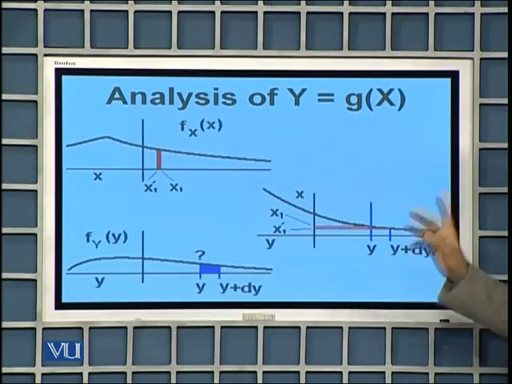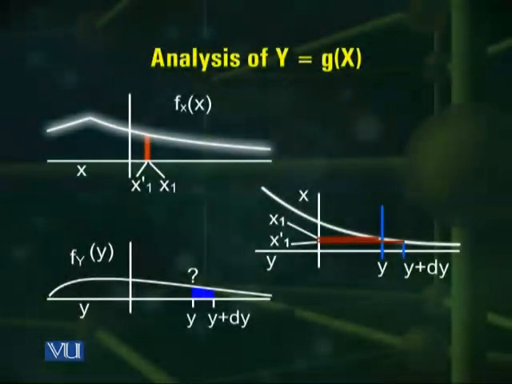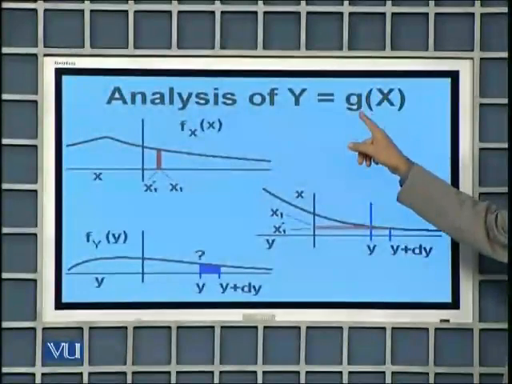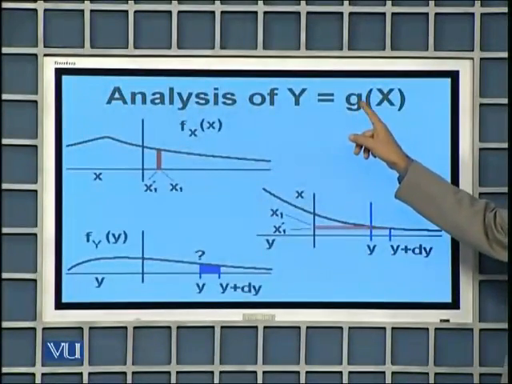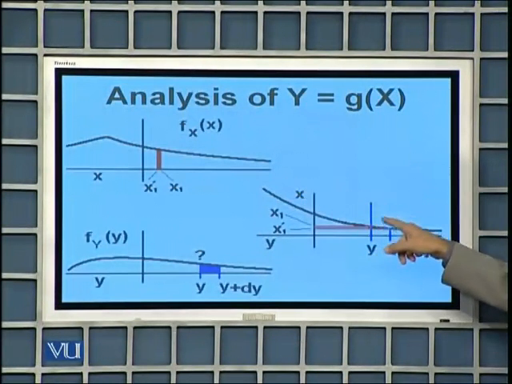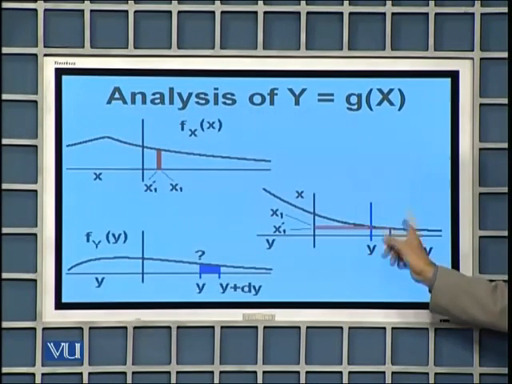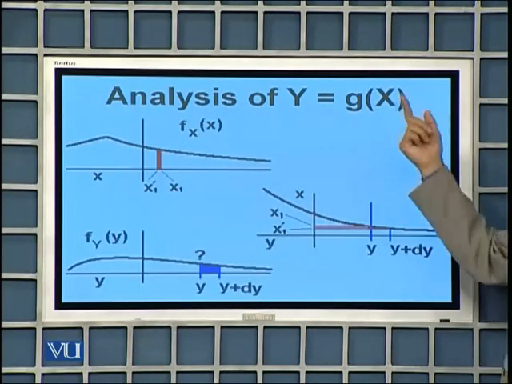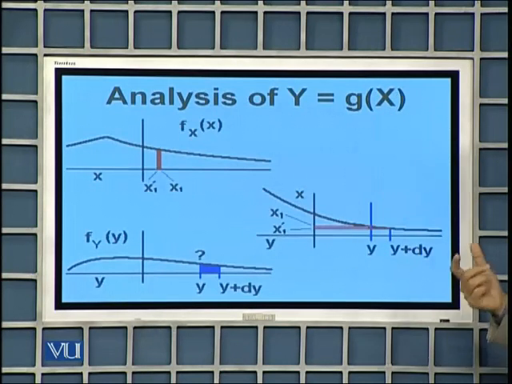So once again, there are three quantities which are playing their role: the joint PDF of x known, the inverse mapping h which relates to the original mapping g in such a way that if g takes point x and gives a point y, this mapping h takes a point y as input and gives a point x as output in such a way that composition of g and this h is a unity transformation which gives the same point back.